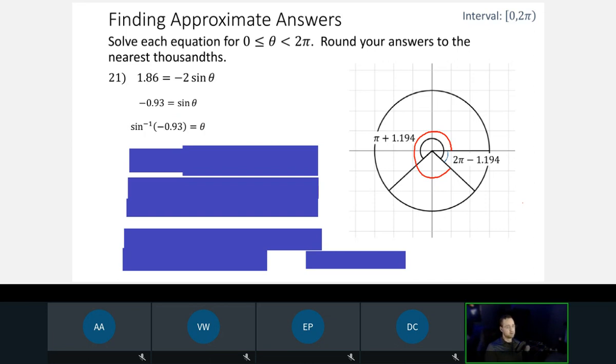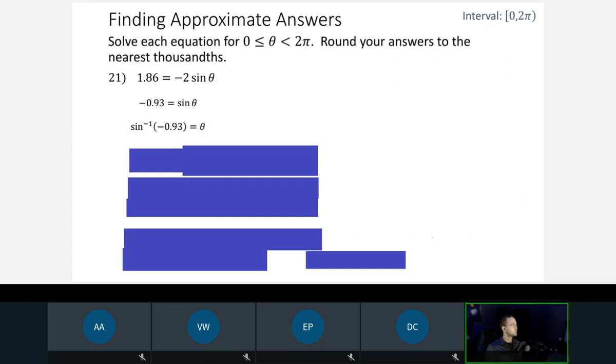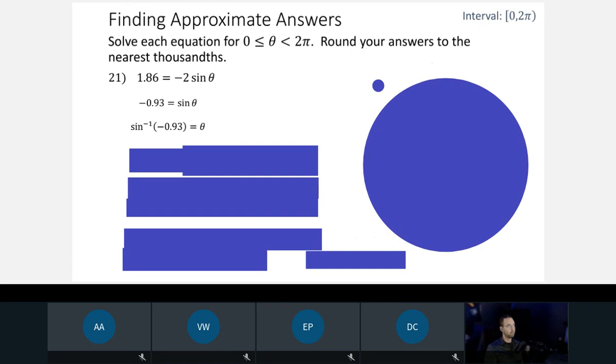I already created my circle, but you know what? I'm going to cover it up so I can draw the circle again and explain as I'm doing it. It'll make more sense if I do it from scratch. So let's do this. Whoa. All right, let's try that again. Well, I can't make a hollow circle.